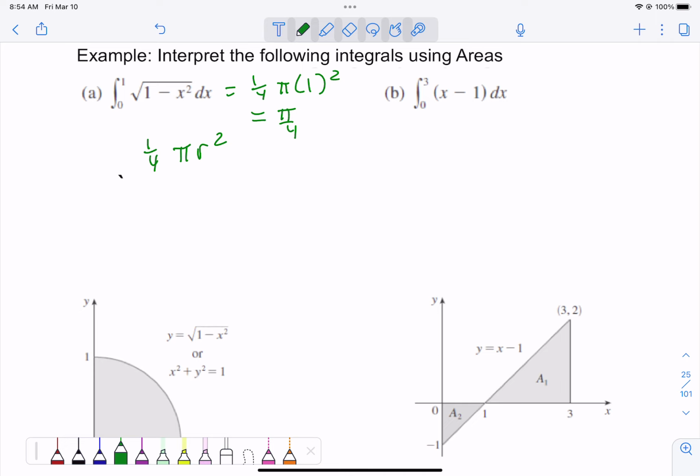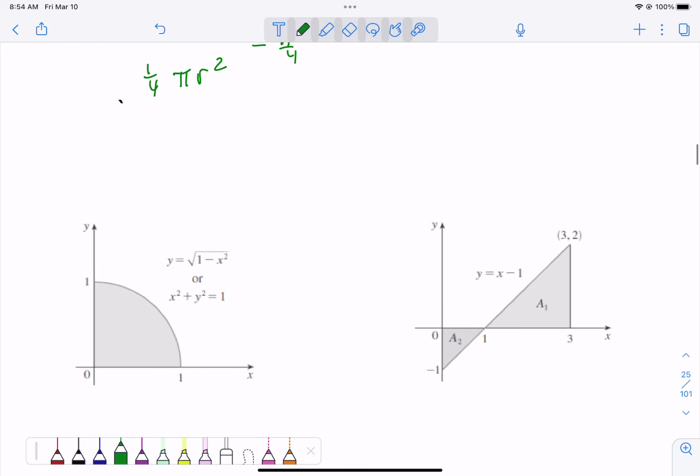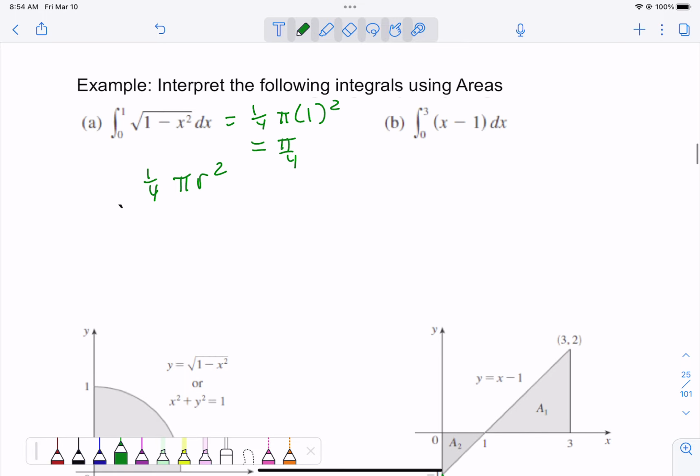Now B is kind of interesting because if you draw the line y equals x minus 1 from 0 to 3, let's look what happens. See right here, y equals mx plus b. Your y-intercept is -1, your slope is 1.